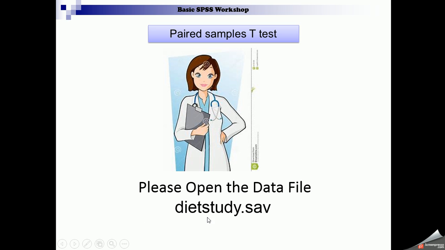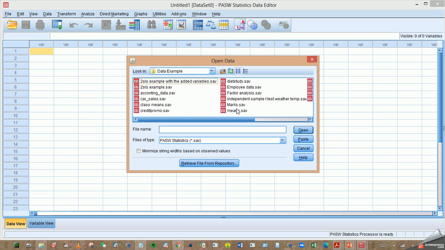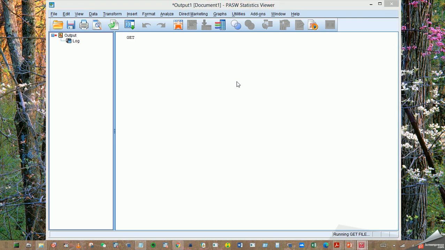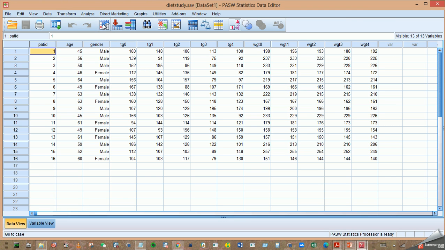So let's open the diet study.sav from the data file. Now we go to SPSS. We open the data, which is diet study. Now we have all the variables here.